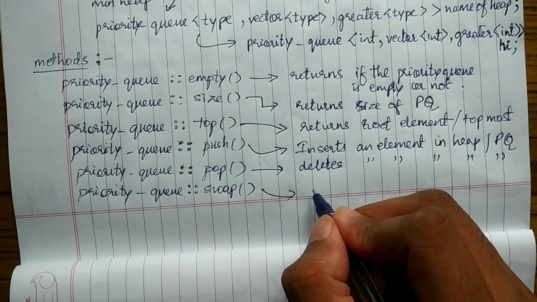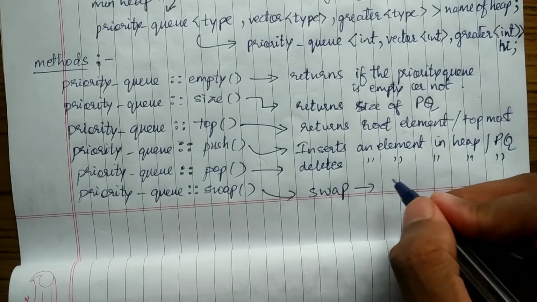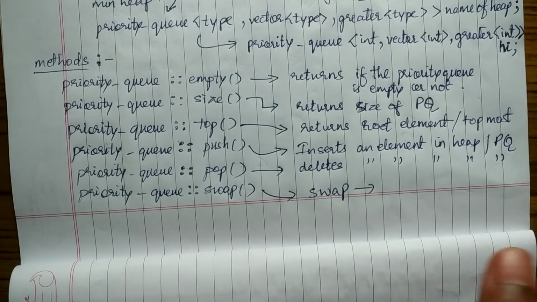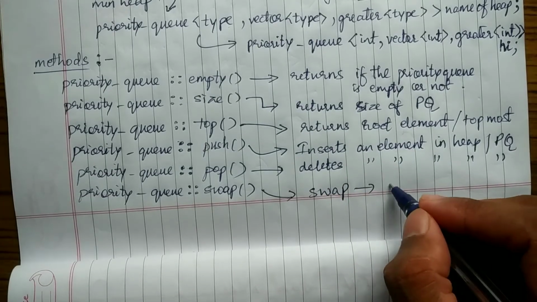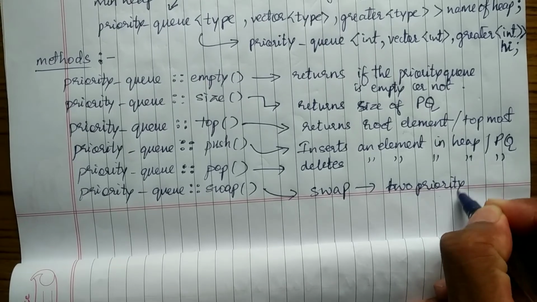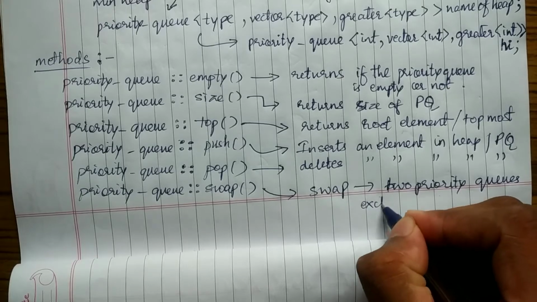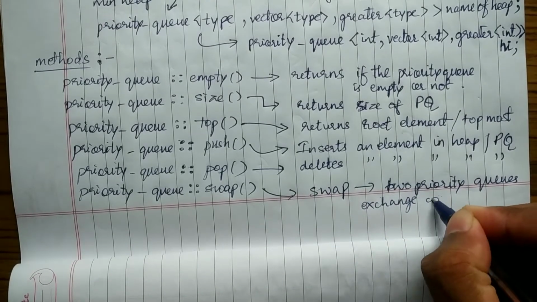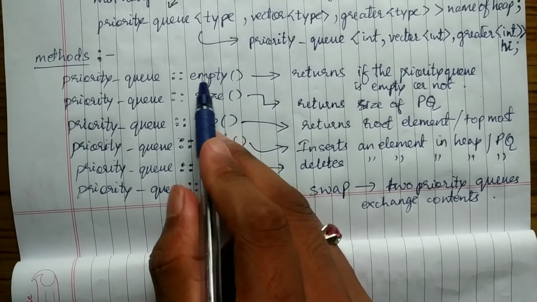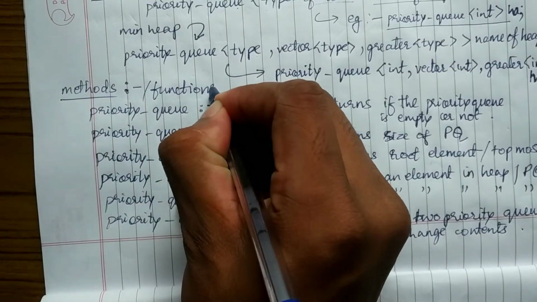This function swap is used when there are two priority queues. We can exchange the elements of both these priority queues. So these are the methods or functions on priority queues.